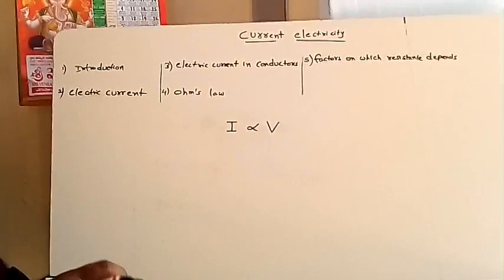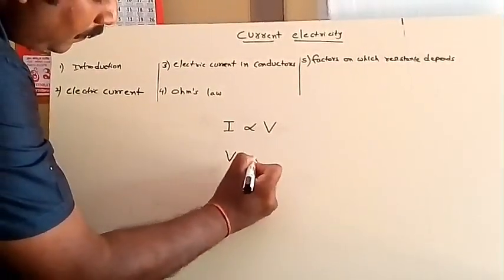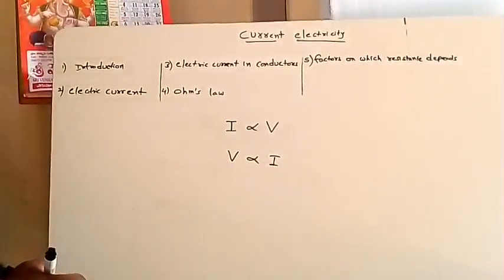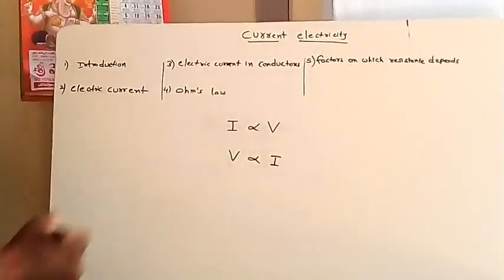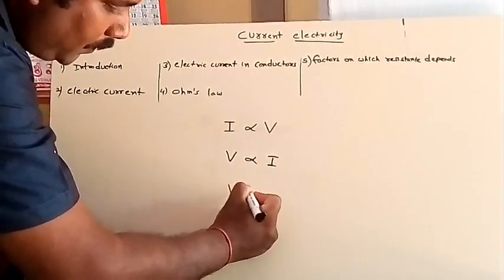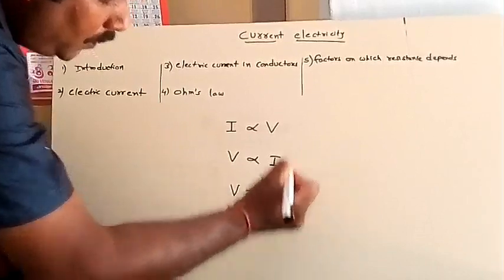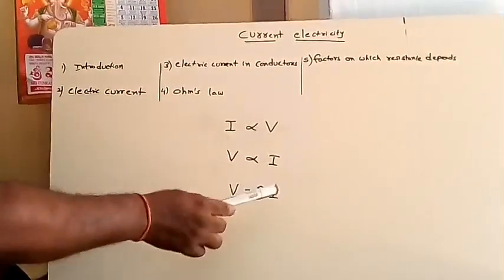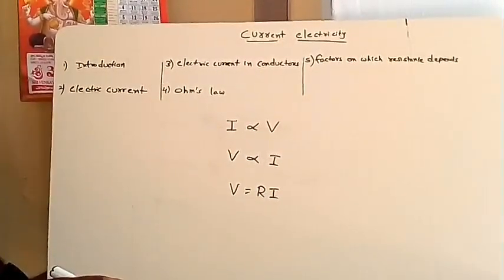V is proportional to I, or I is proportional to V. Now, if I remove this proportionality, I can get one constant. This proportionality constant R, we call it resistance.